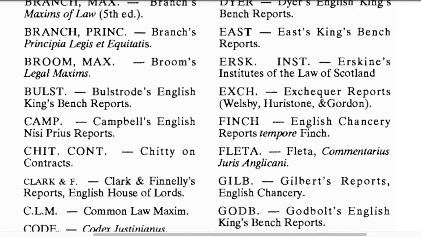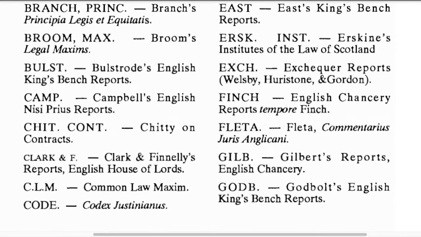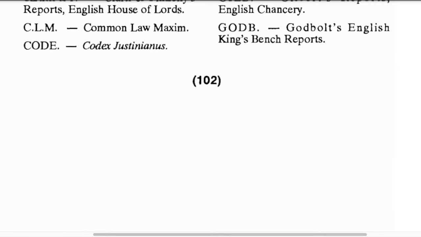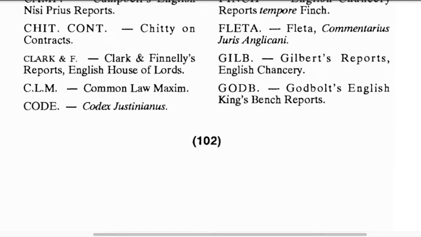So we also have some, I see here in French, Branch's Principia Legis et Equitatis. Well, I'm not good at reading French, but this is Principles of Law and Equity. Broom's Legal Maxims. Yeah, some really good references here. Common Law Maxim, if it said CLM.